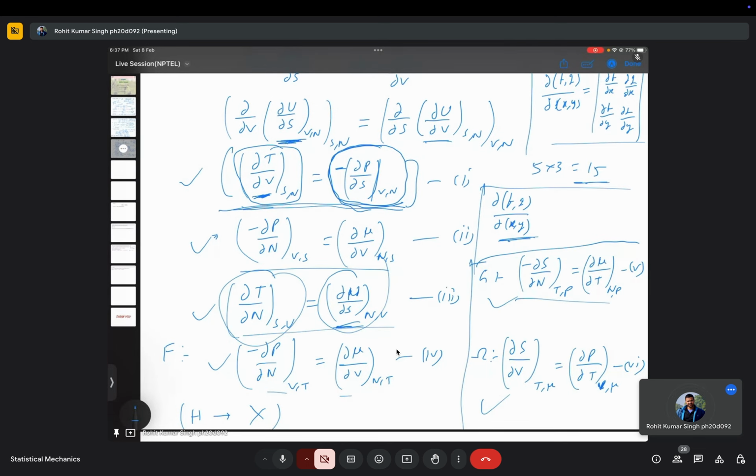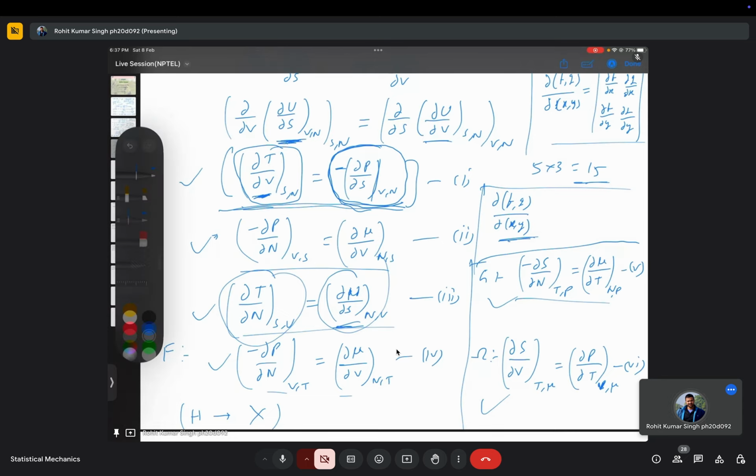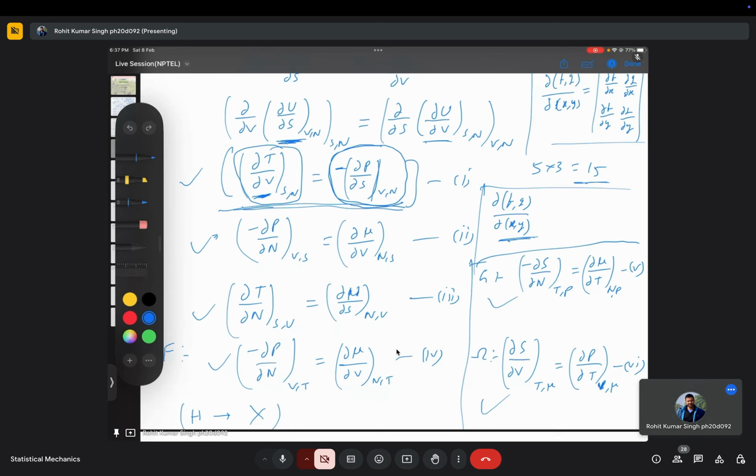You can change the number of particles, and somehow you can calculate, because you can do calculations using molar equations, and you can notice the change in temperature, and then you will calculate the right hand side. So that's how these Maxwell relations are very important, and we will use them in problems.